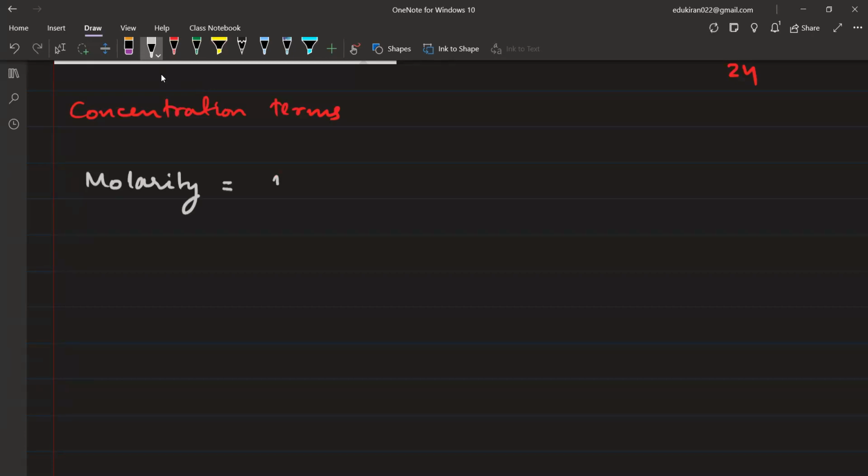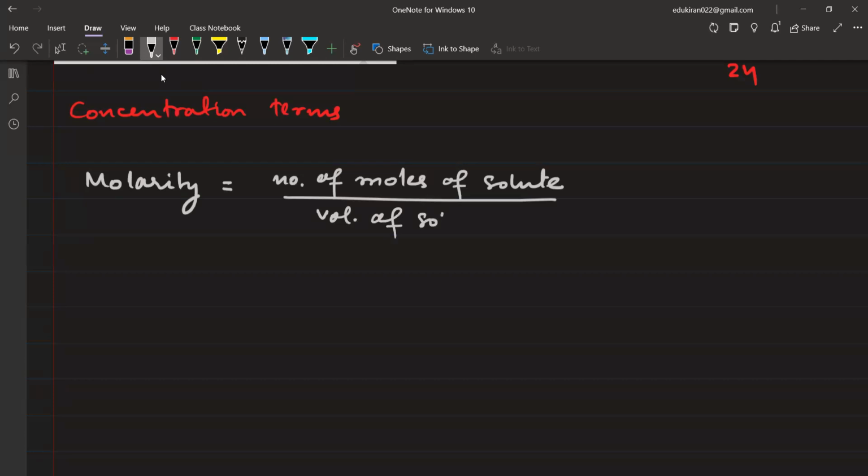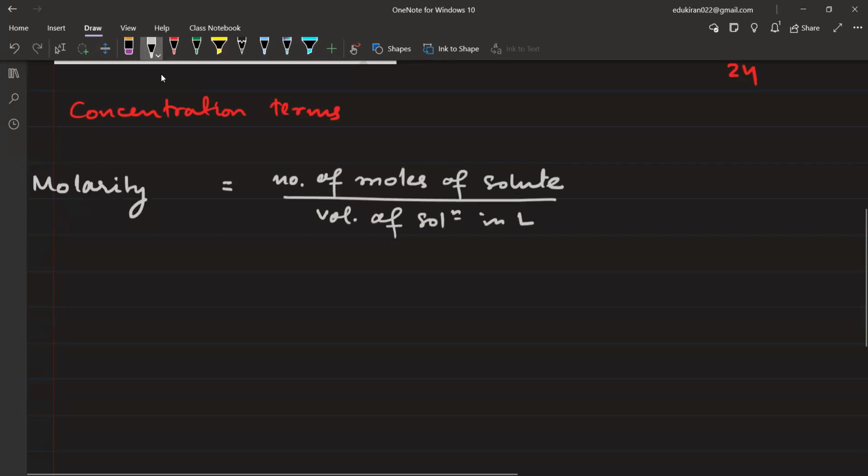Molarity is the number of moles of solute divided by the volume of solution in liters. Molarity is given by capital M. Once you know how to calculate the number of moles, you can easily calculate molarity.